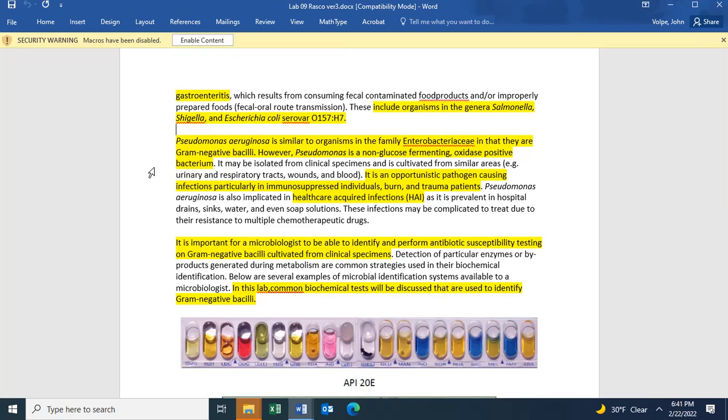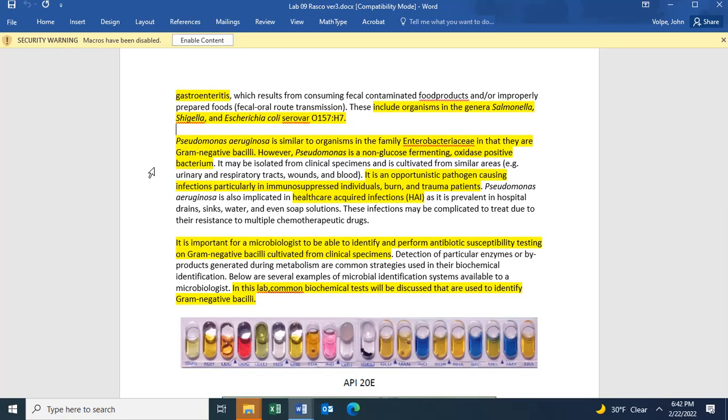It is particularly a problem for immunosuppressed individuals, burn patients, and trauma patients, meaning Pseudomonas aeruginosa very rarely infects a healthy human. It's not good at getting established on a healthy human, but in an immunosuppressed patient, a burn patient, or a trauma patient, Pseudomonas aeruginosa can colonize those regions and then grow, causing an infection.